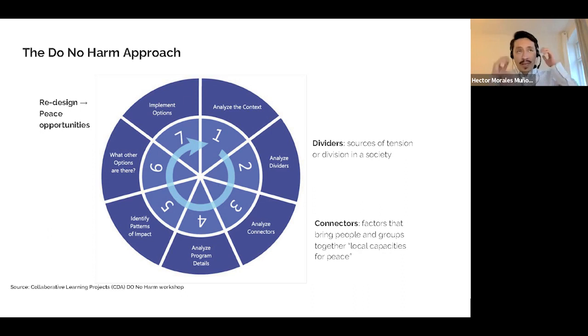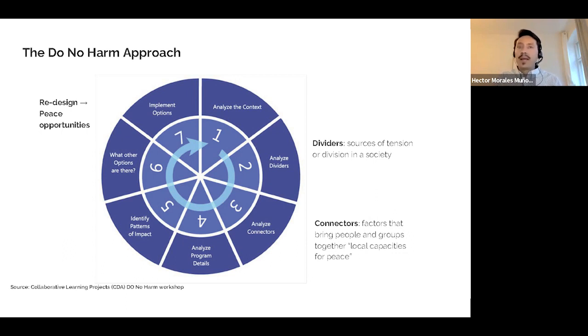So what this tool does is to conduct a conflict assessment through 7 steps. So the first one is to analyze the context. So have an understanding of the conflict drivers and of the different dimensions that a context can have, such as political economy, an assessment of needs, etc.